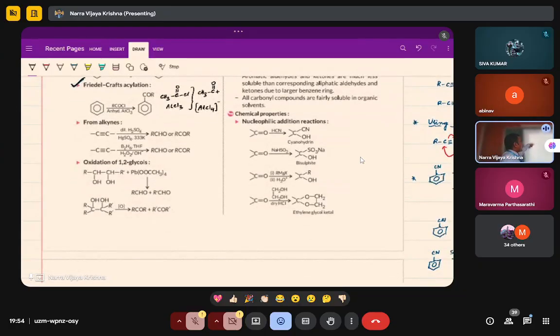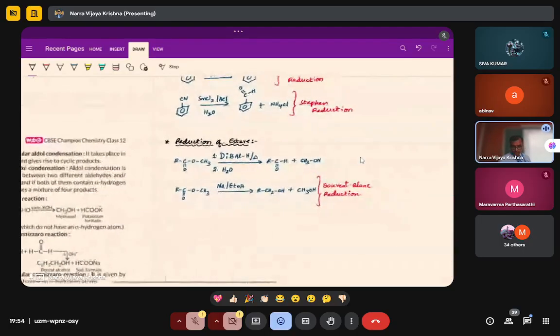Now, observe the next one. Preparation of aldehydes or ketones from alkynes. Now let us come to this.